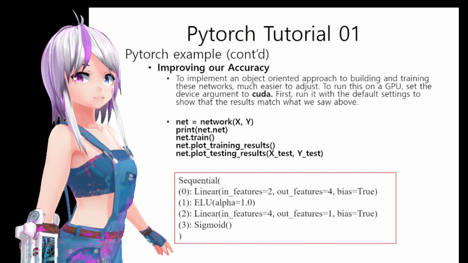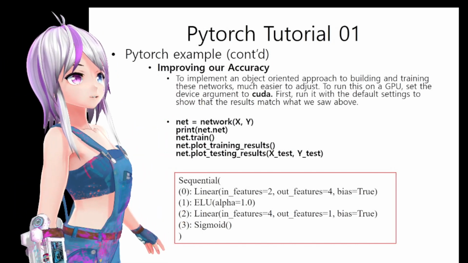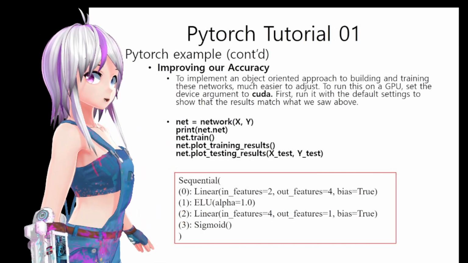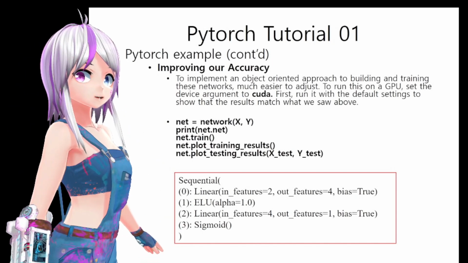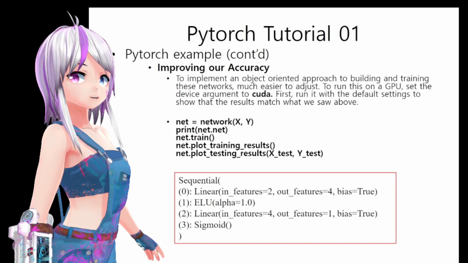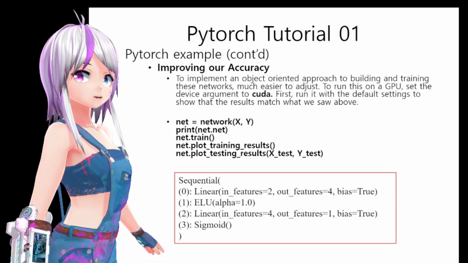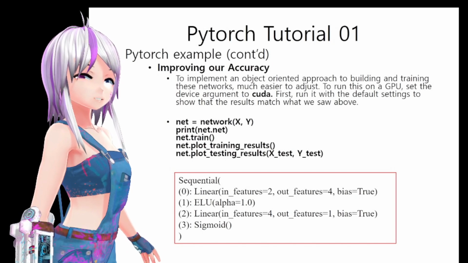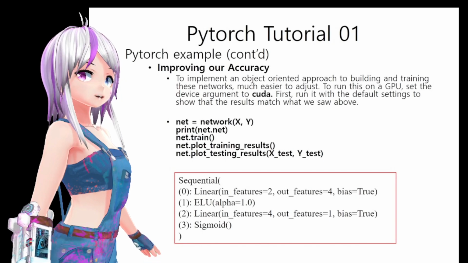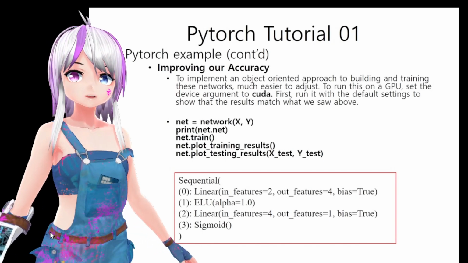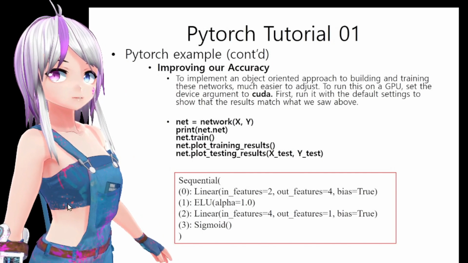Okay, so it's in the red box over there: sequential with layers 0, 1, 2, 3. And net.train is the actual training process. Net.plot training result actually plots the results, and net.plot testing result also tests the result by using our trained parameters.